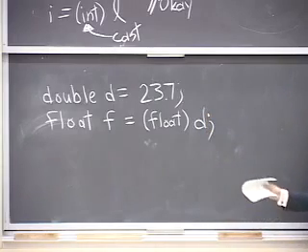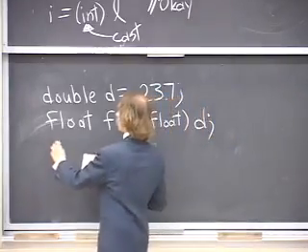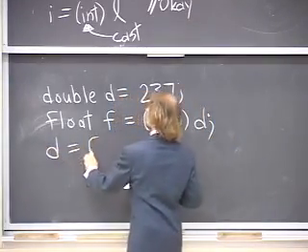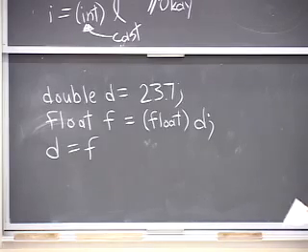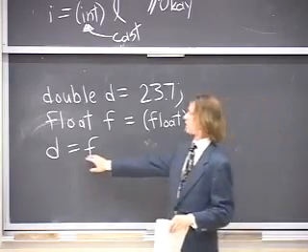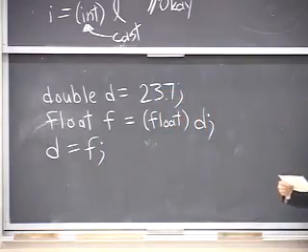This case isn't so bad, because at least with floating point numbers, you can throw away the bottom bits instead of the top bits. But if I want to go the other way around, if I want to store a floating point number in a double variable, then I don't need a cast for that, because any floating point number can be stored in a double variable exactly without any changes.